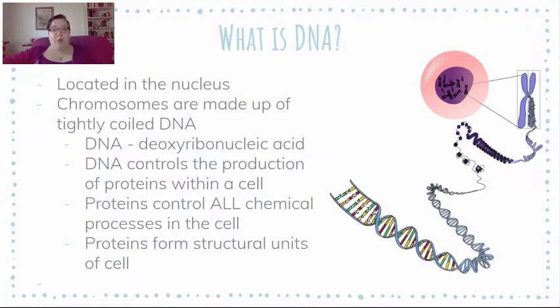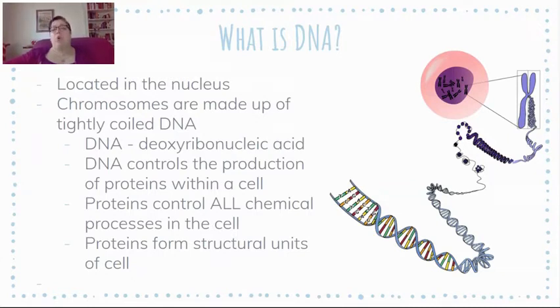So, just to refresh your memory, DNA is one of our four biomolecules. It is located within the nucleus of cells, and it is found in this form that we call chromosomes. So, a chromosome is just a tightly coiled, organized bundle of DNA.